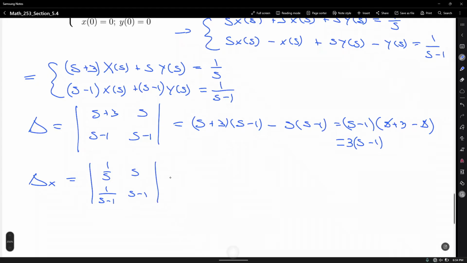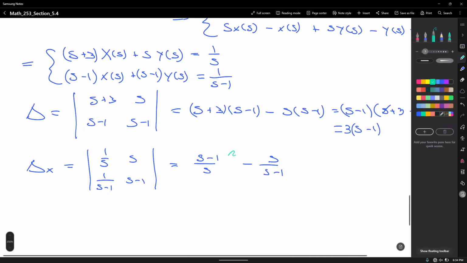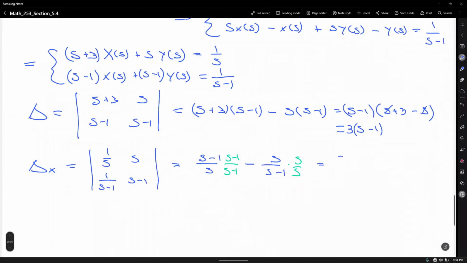Let me at least show you one of the calculations here, because we need to multiply by (s minus 1) over (s minus 1) and by s divided by s, to get (s minus 1) squared minus s squared divided by s times (s minus 1).